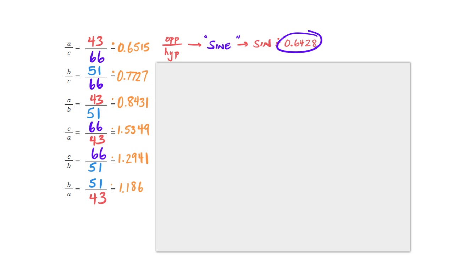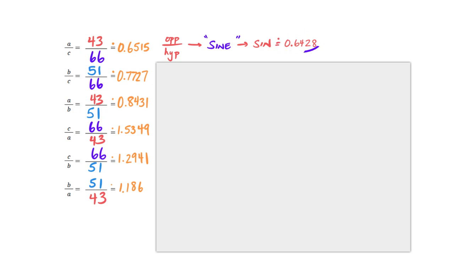I have to be honest with you, I am really happy with my orange. Me getting to 0.6515, if I subtract off 0.6428, I notice I'm 87 ten-thousandths off. That might be the closest I've ever got in trying to calculate that, so I am pretty darn happy with that. I'm hoping you're relatively close.